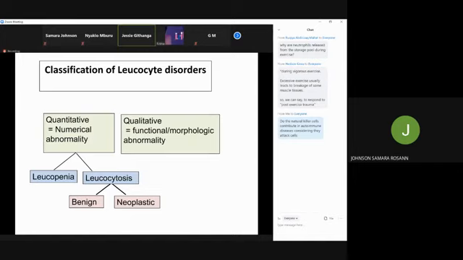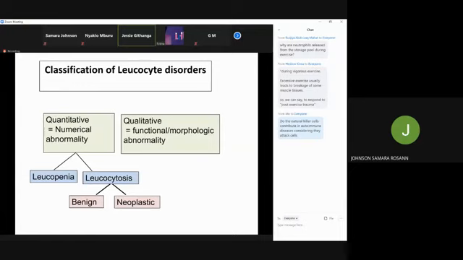So if we're talking about the quantitative abnormalities, we're talking about whether the leukocytes are increased or reduced. Leukopenia is the term we use for a reduction in the white cell count. Leukocytosis is a term we use for a rise in the white cell count.